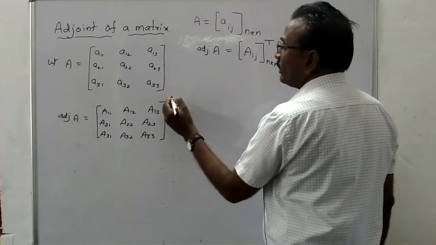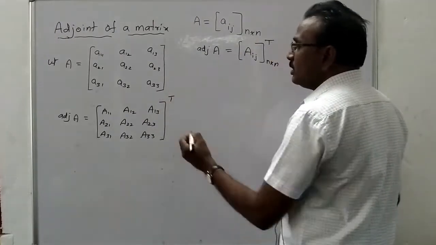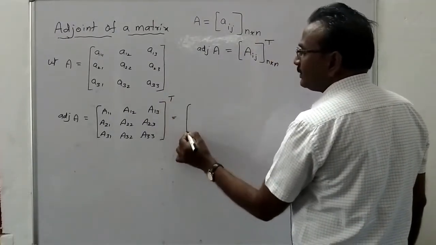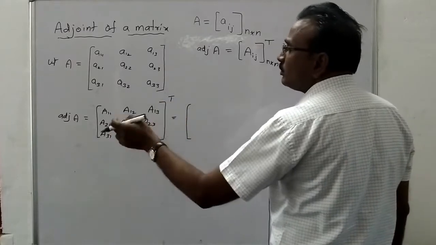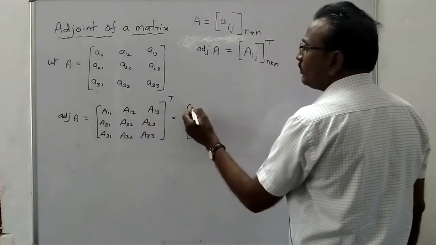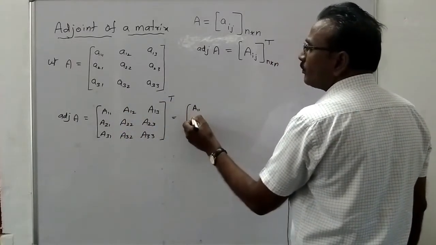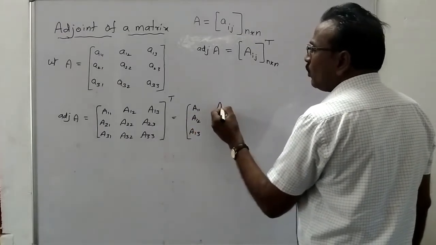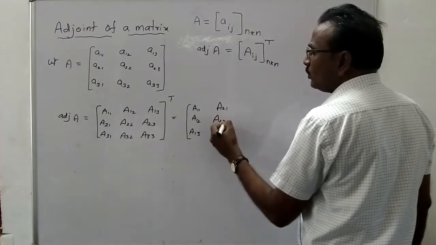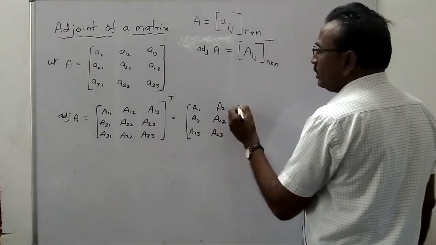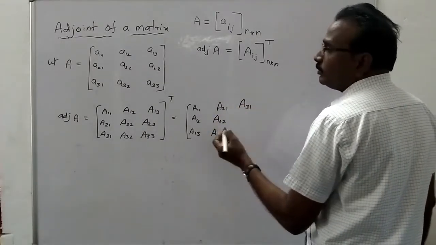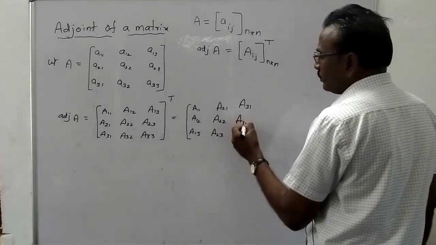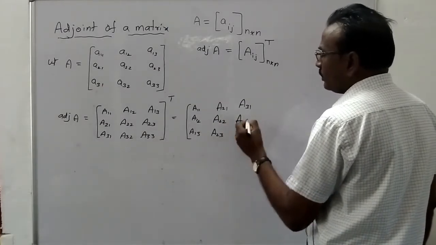Transpose of the cofactor matrix is obtained by interchanging rows and columns. Here the first row elements are written in the first column: A11, A12, A13, then A21, A22, A23, and the third row A31, A32, A33.